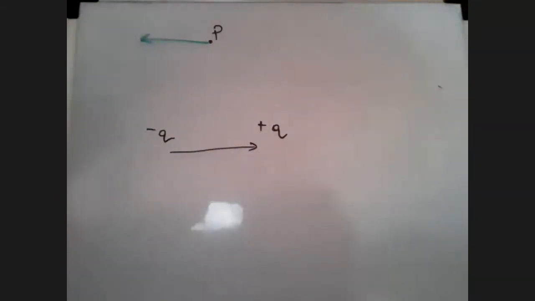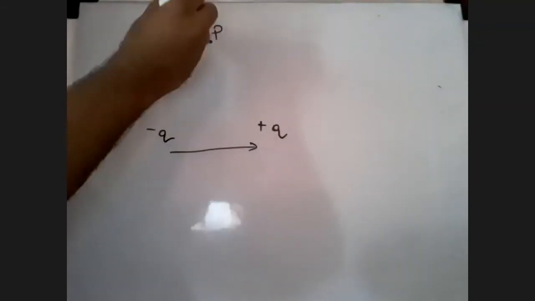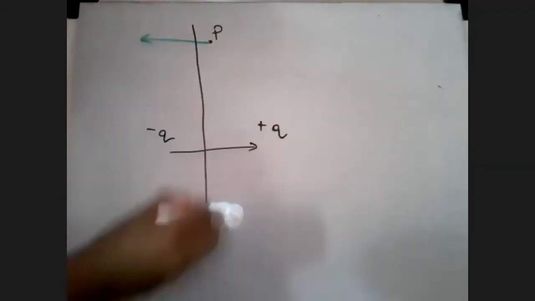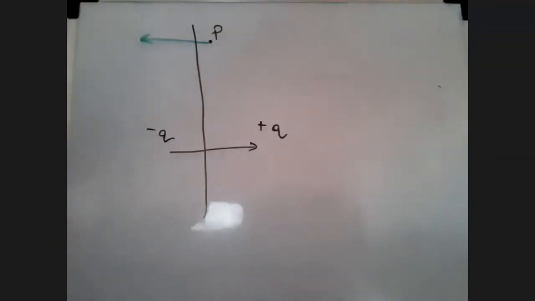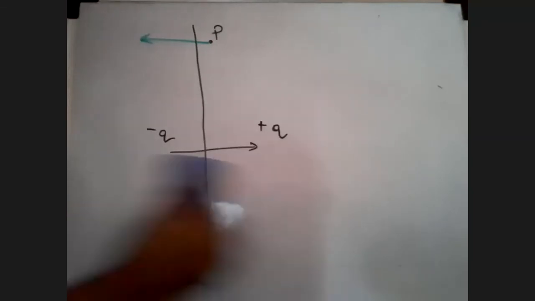If you take any point perpendicular to electric field lines, it is called an equipotential surface. So the change in potential at every point is going to be 0. That way also you can understand.